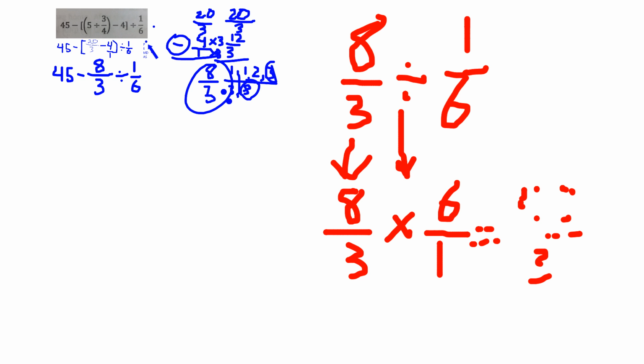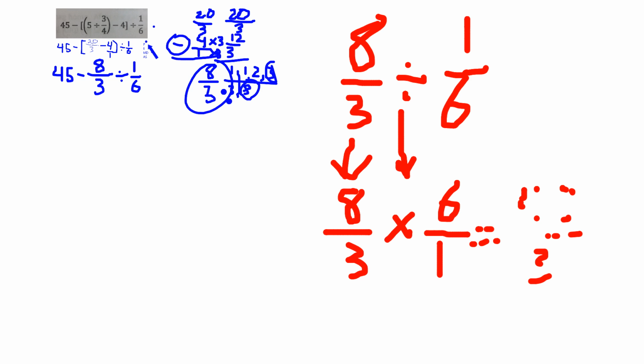So I have 8/3 divided by 1/6. The 8/3 stays the same, we keep it. The division becomes a multiplication symbol, we change it. Keep, change, and we flip the 1/6, so it becomes 6 over 1.